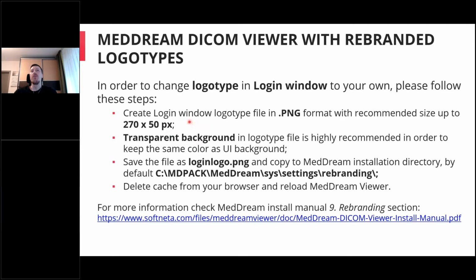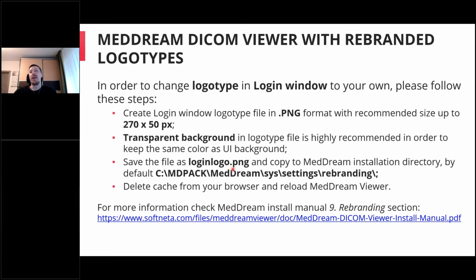For example, if you want to change the logo for the login window, you want to create a logo file with transparent background, so you do not get a square around your logo compared to the background color of the MedDream Viewer. The size should be up to 270 pixels wide and 50 pixels high.